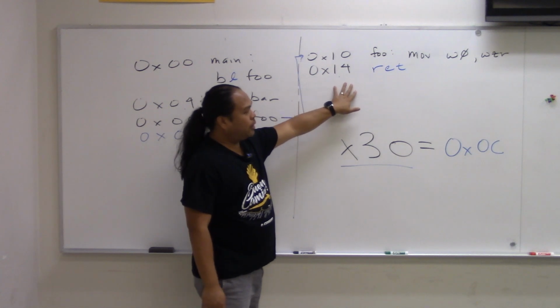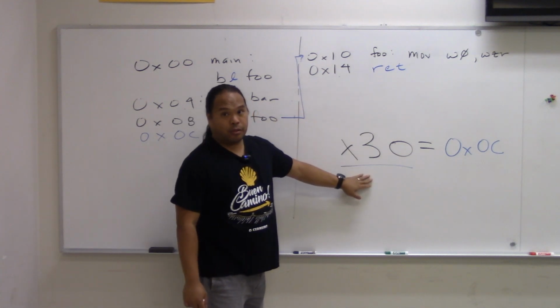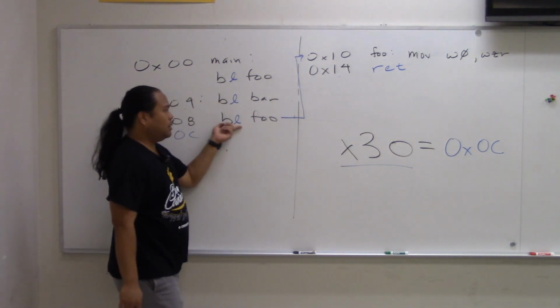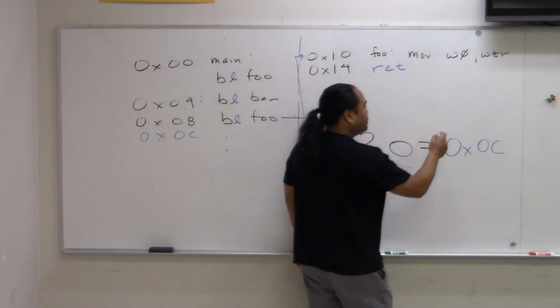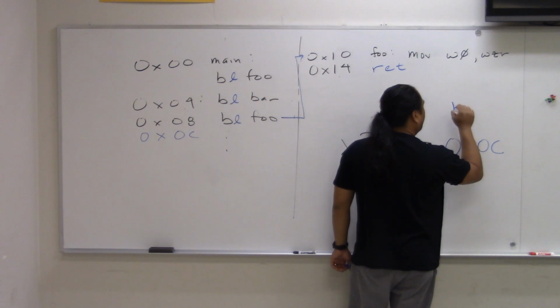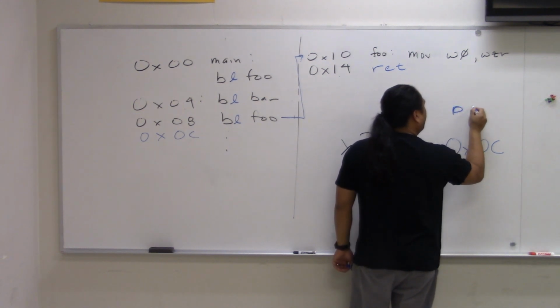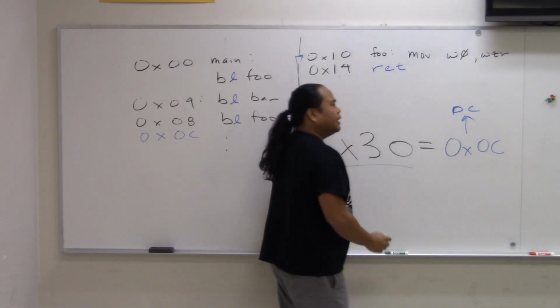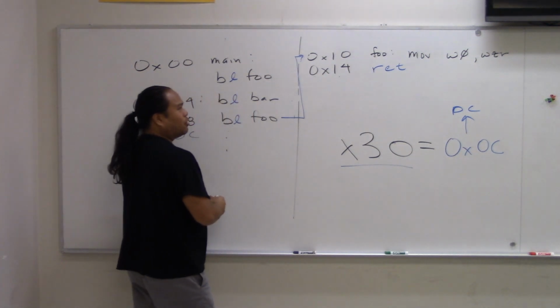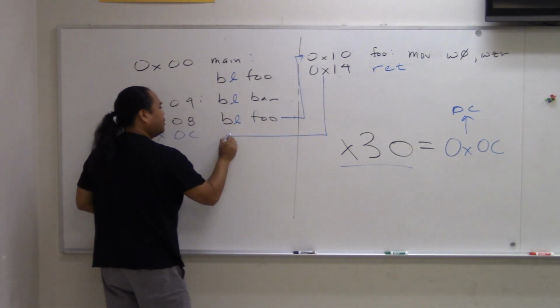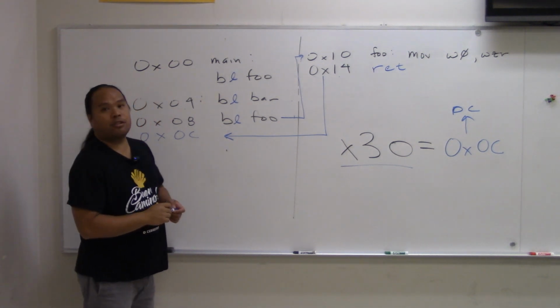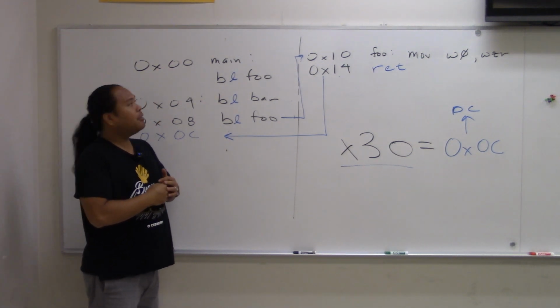It returns to whatever the contents of X30 are, which happens to be where we made our function call. So the PC receives the value 0C, meaning that we return to this point, whatever it is. All right? So there you have it, people.